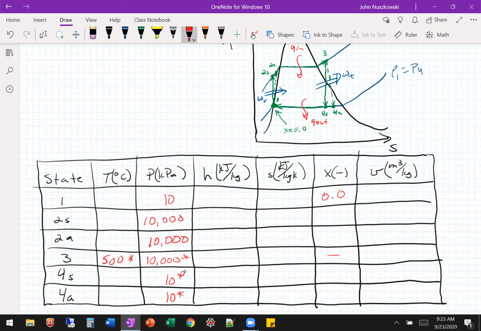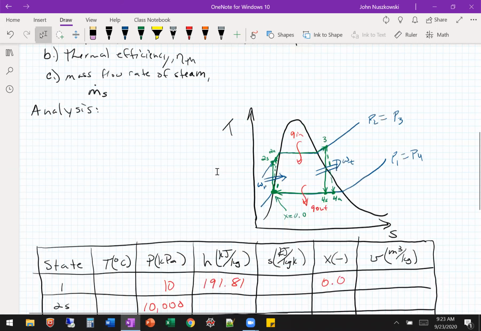Okay, we have our table at least initially filled out. I will get enthalpies for these, and then we can see whether we need anything else. So for those 2, we have an enthalpy, okay?